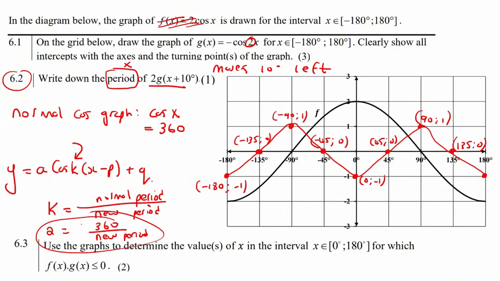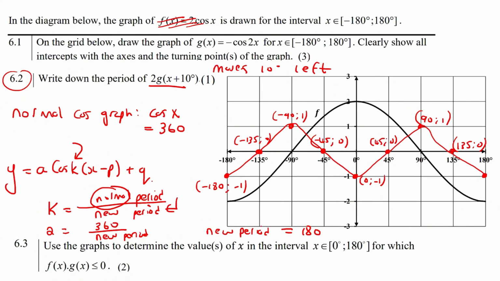So you need to now solve this. And what you should eventually find is that the period of this graph is 180. Why am I saying new and normal? When I say normal, I'm talking about a normal cos graph that just has cos x. Now, the new one is this one over here that we're busy with in this question. And that 2 over there is going to cause the period to now be 180.